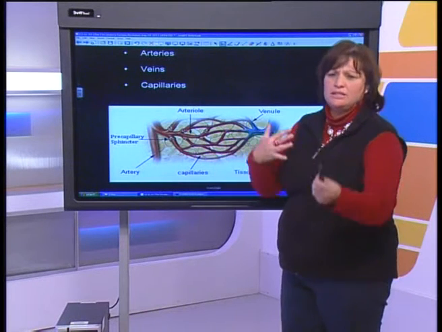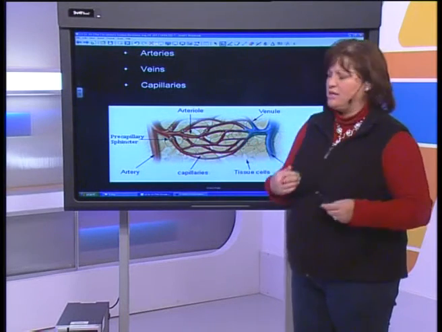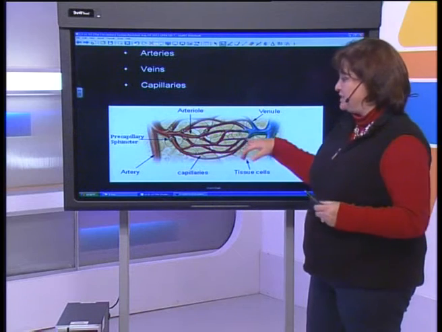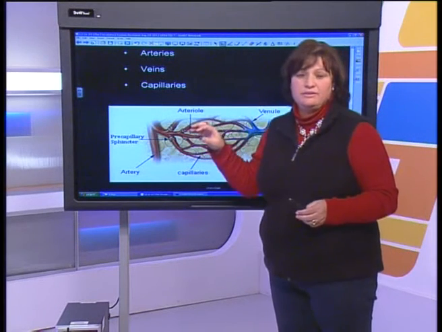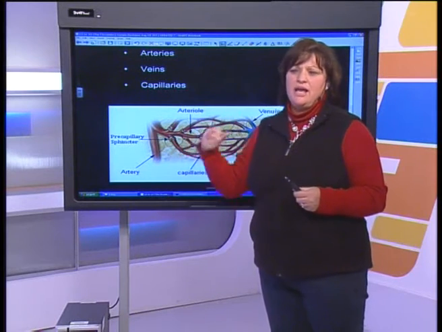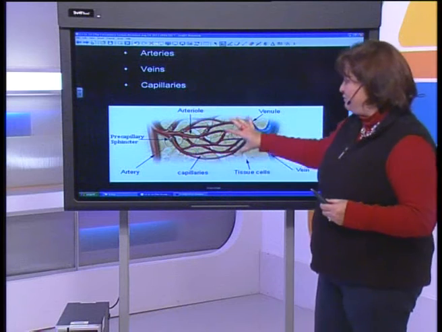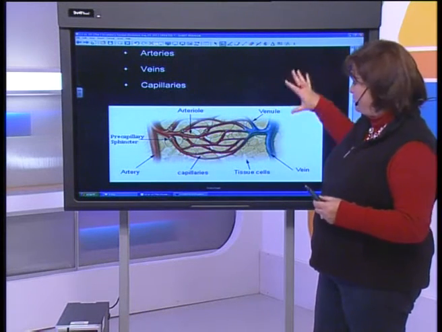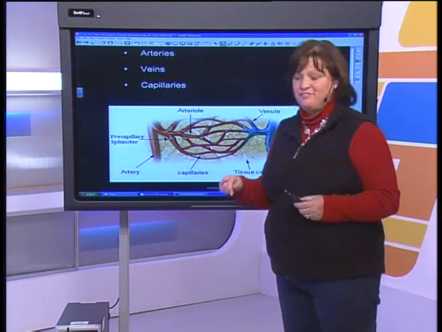Oxygen and carbon dioxide exchange, wastes move out and nutrients move in, which is very important. The blood then goes into a venule and then into a vein, and the vein takes all that deoxygenated blood to the heart. So there we've got the arteries, the capillaries, and the veins.